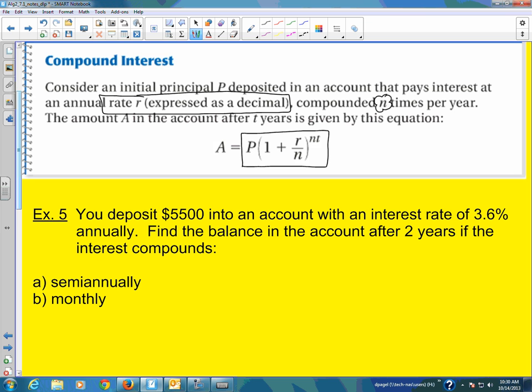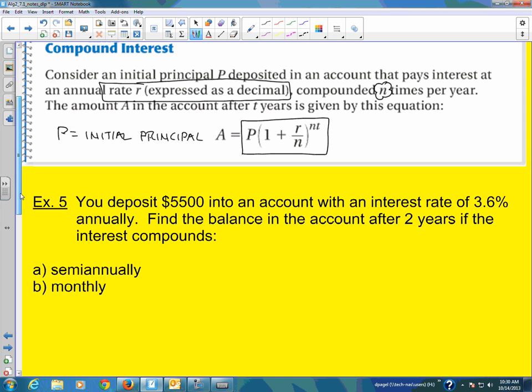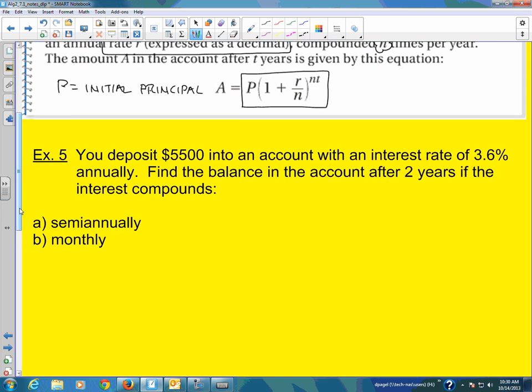For example, if I say monthly, you're compounding 12 times a year. If I say quarterly, you're compounding 4 times a year. This P value is your initial amount, or principal. That's the money you're investing, the same thing as our initial amount. So here we have 5,500 bucks.